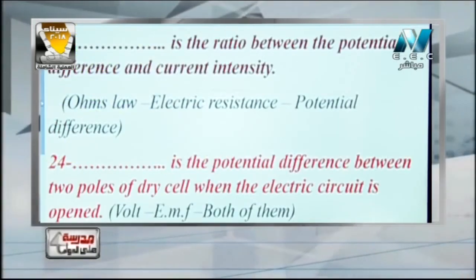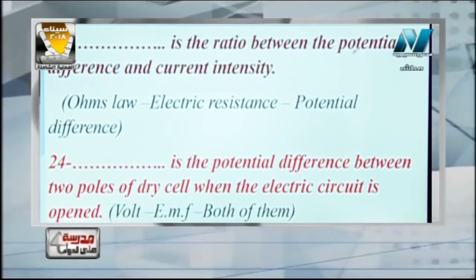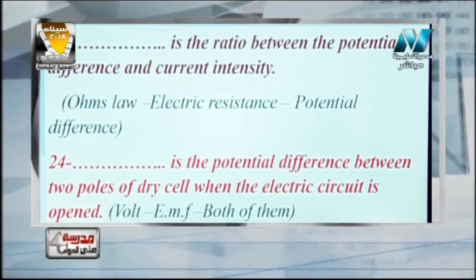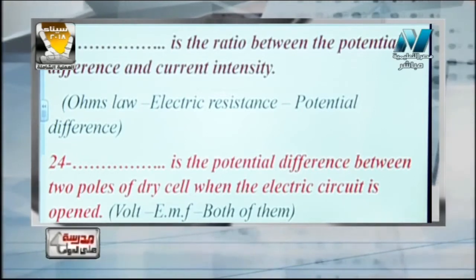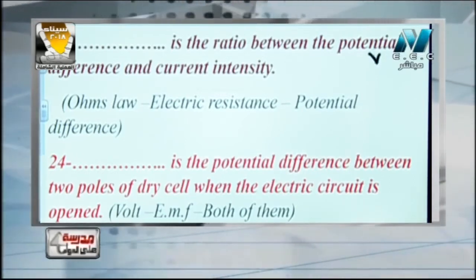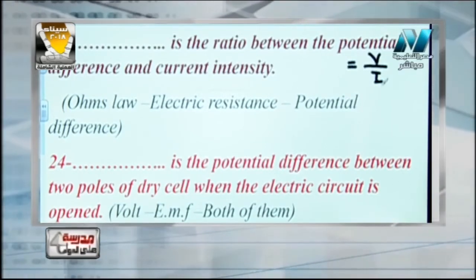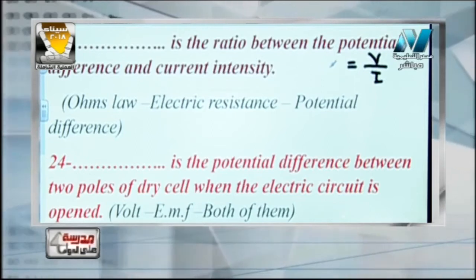Next question, 23, says: what is the ratio between the potential difference and the current intensity? Again, it is the ratio between what and what? Between potential difference and current intensity. So potential difference over current intensity equals what?